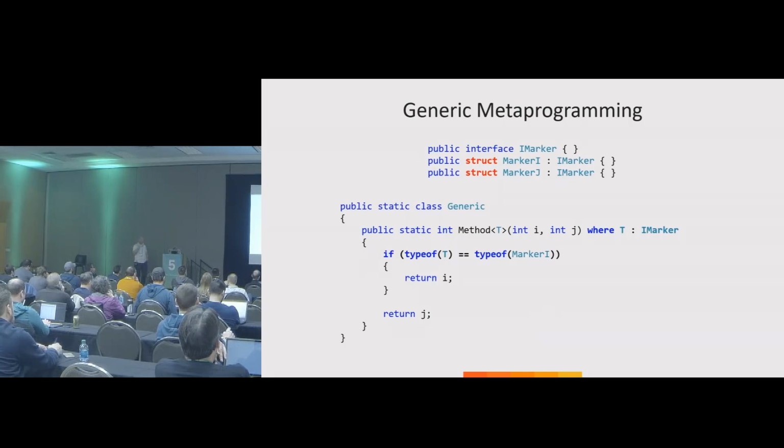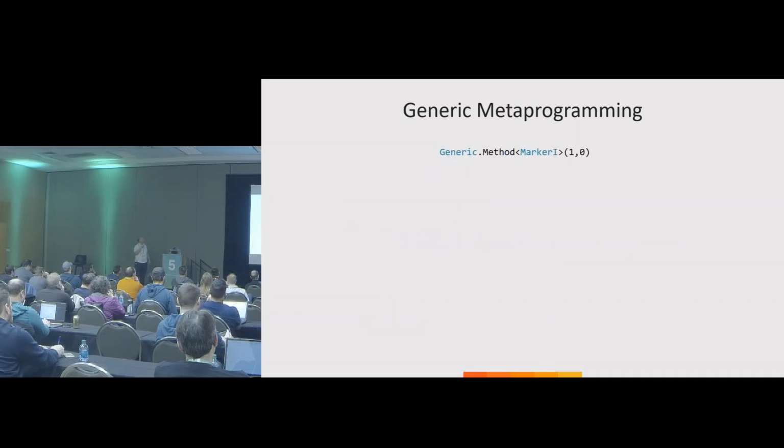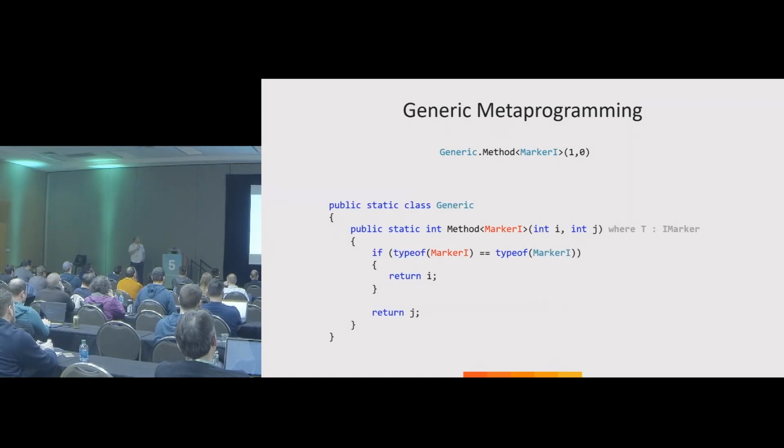But because the implementation of these is a struct, and I don't know if you remember from the very first slides, what happened with structs, with value types? They are subject to special optimizations. Because what happens if we call this generic method with marker A, 1, 0, what we actually get is something like this.